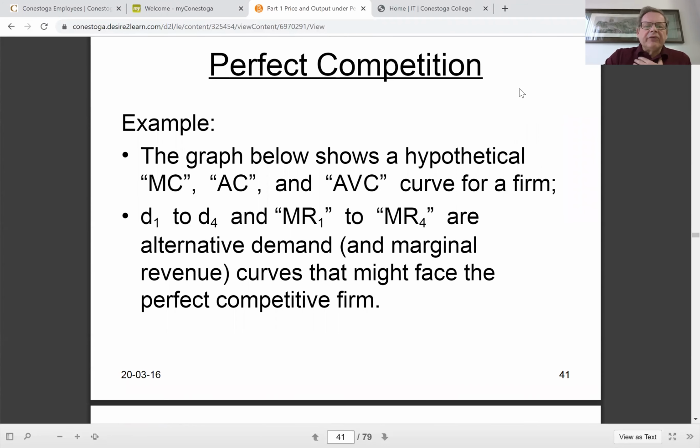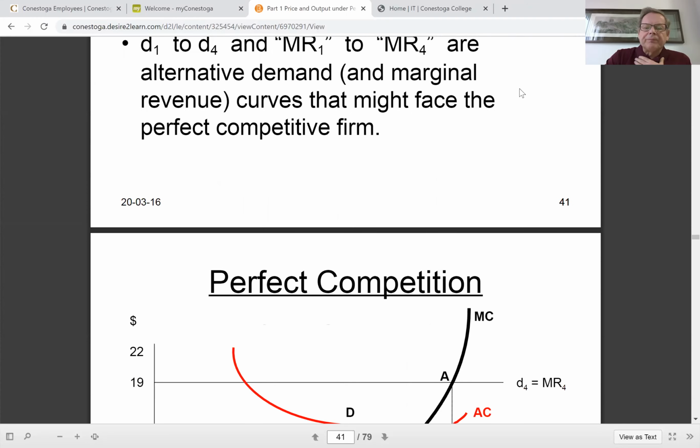So we have an example here. The graph below shows a hypothetical marginal cost, average cost, and average variable cost curve for a firm. D1, demand curve 1 through demand curve 4, the same as the marginal revenue. Curves 1 through 4 are alternative demand and marginal revenue curves that might face the perfectly competitive firm.